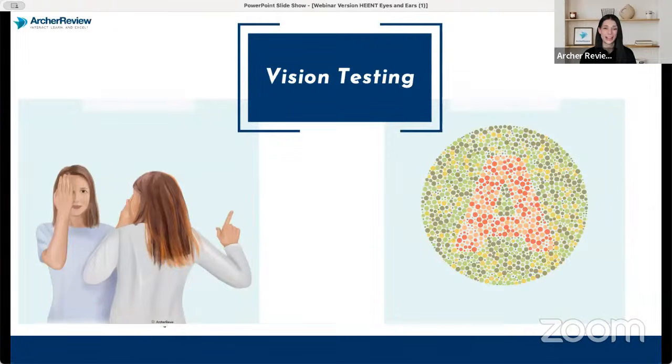Can you see the letters? If you can see this one, you do not have red-green color blindness. Should be an A in the middle. If you can't see the A, you might be colorblind. All right, I see one answer there. This is the Ishihara chart. So this is just a test for color blindness.